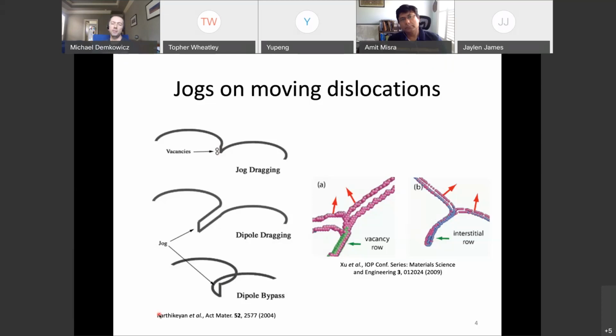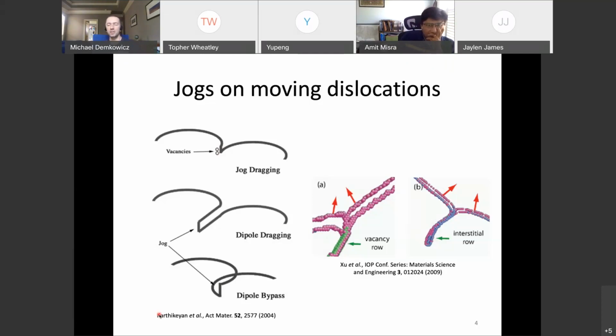And basically what I'm saying here is, if you're not giving those vacancies enough time to move, and yet you're applying high stresses that are going to force the dislocation to move, then, in the absence of diffusion, what else can this jog do, right? Besides climb.